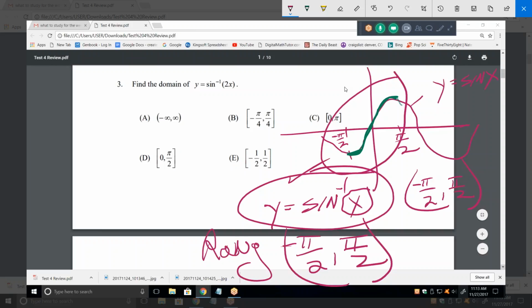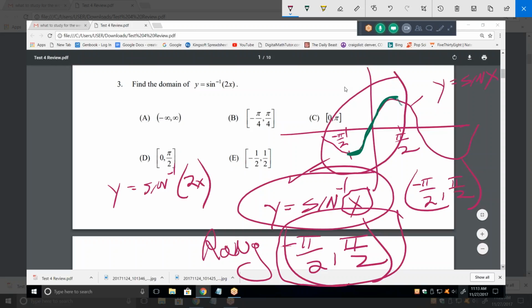Ooh, so let's see. Maybe I got this wrong. If the inverse sine function is restricted to that, then what is inverse sine of 2x?